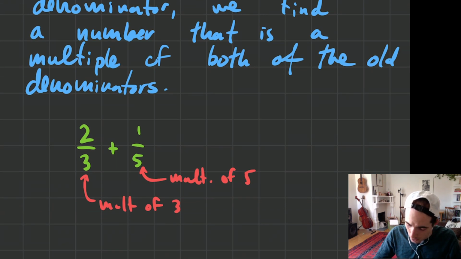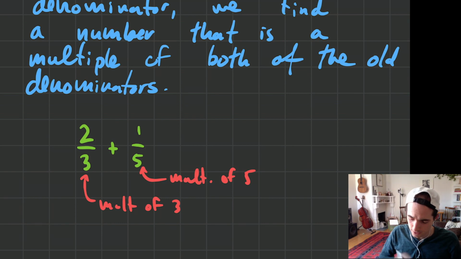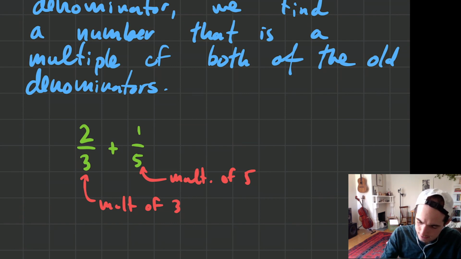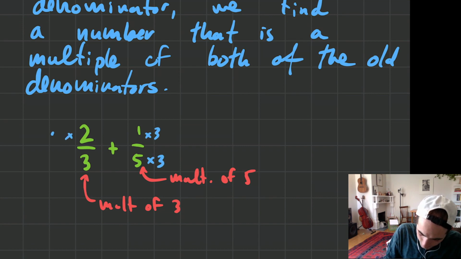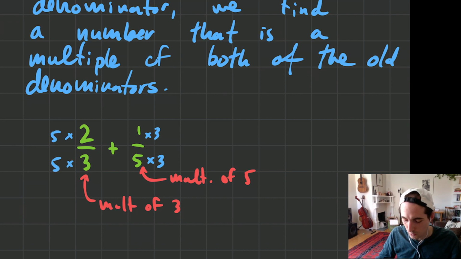So I'm looking for a multiple of both of these numbers, right? The easy thing to do, and this is how you initially learn how to add fractions, and then you have to unlearn this first way of learning, is to multiply these numbers together. So I take this 3 and this 5, and we just copy the denominator from the other side, right?